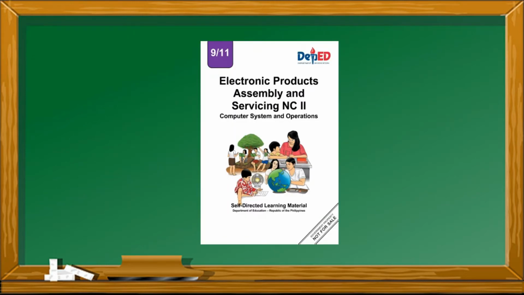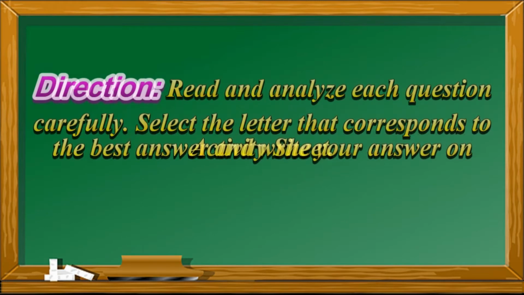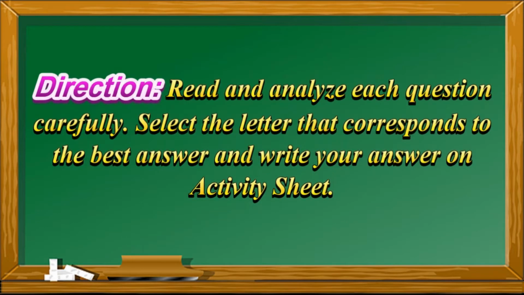Be sure you are on the right page of your module so that you can follow my instruction. Write your answers in your answer sheets. Direction: read and analyze each question carefully. Select the letter that corresponds to the best answer and write your answer on your activity sheets.